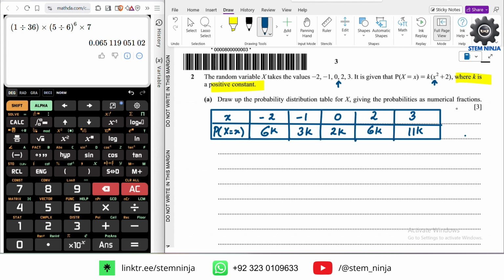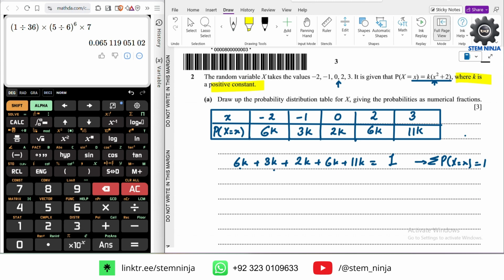Okay, however, we actually needed to find out k also, so we would actually need to redo that. So all of these, 6k plus 3k plus 2k plus 6k plus 11k, they are equal to 1, because we know that the sum of all probabilities will equal 1.